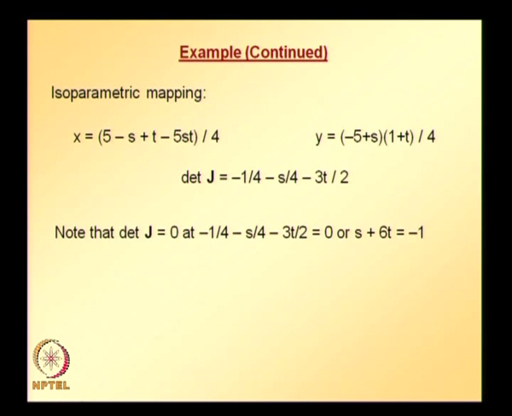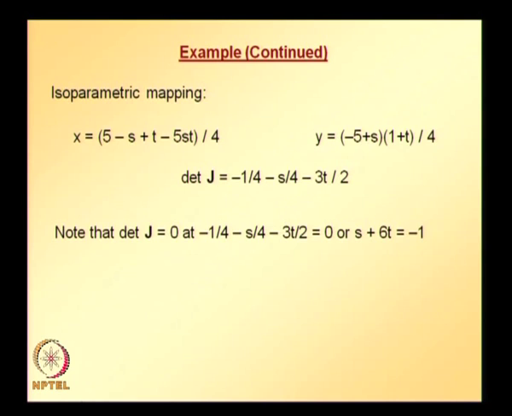And let us check along what line this determinant of J is going to be 0. Equating the determinant of J to 0, we get the determinant of J to be 0 along the line which satisfies the condition s plus 6t is equal to minus 1.